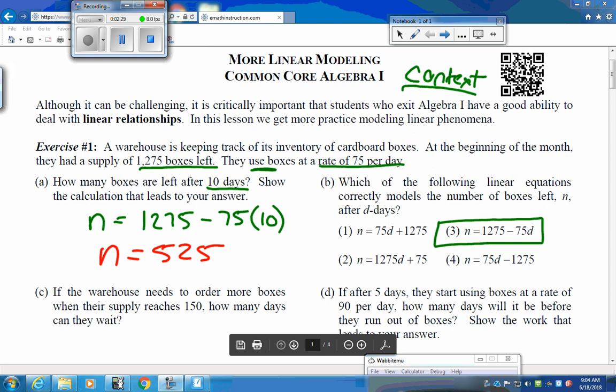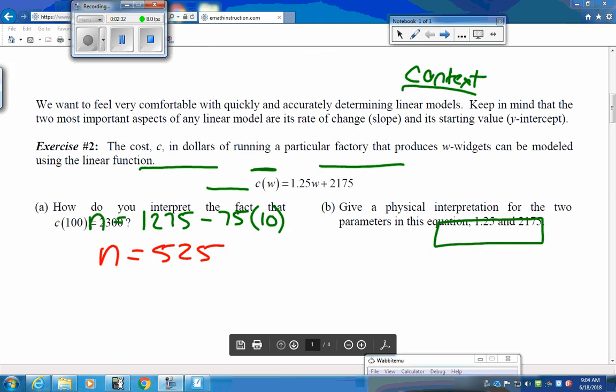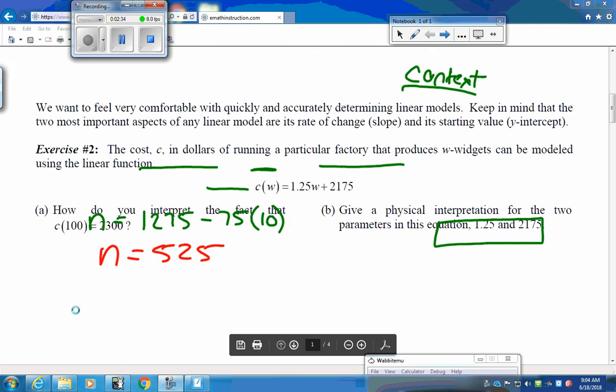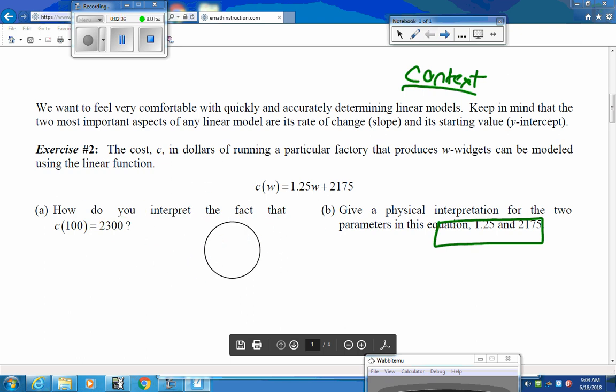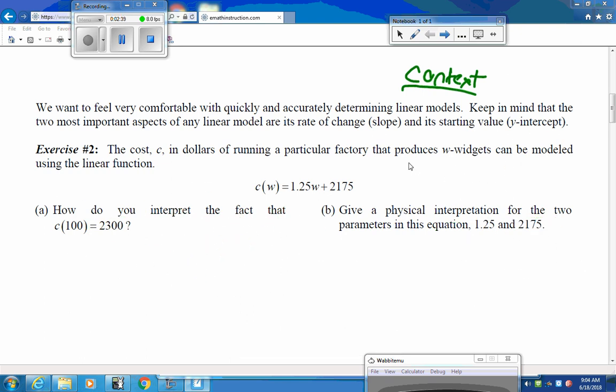Now we're going to move on to exercise 2. They give us an equation right in the middle of the paper here. The idea is that they give us a description of what the variables represent. They say the cost in dollars, C, to produce W widgets can be modeled using the function. So how do you interpret the fact that C(100) equals 2,300?